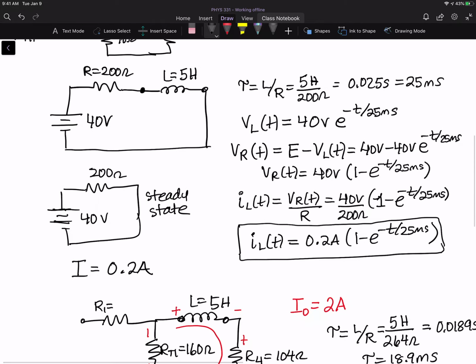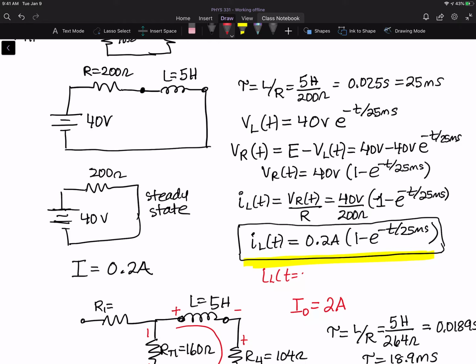We know that the current through the inductor as a function of time in the energizing process is given by this expression right here. But the difference is that if the switch is opened back up after only 2 time constants, then we would have to determine what is the current through this inductor at a time of 2 time constants, not 1 time constant.